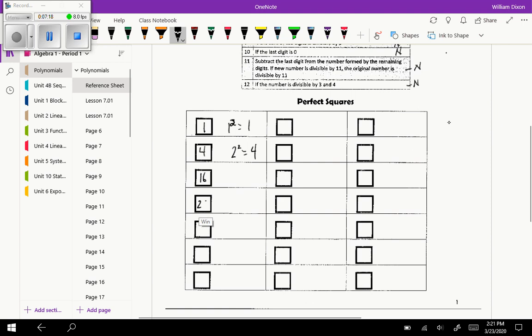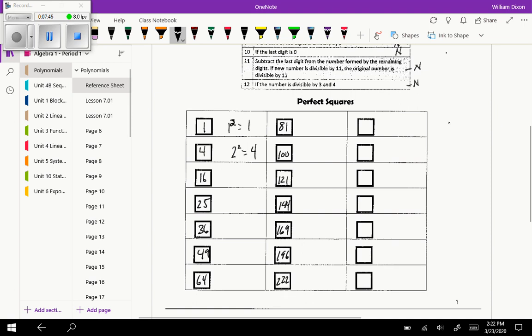So I have 25, 36, 49, 64, 81, 100, 121, 144, 169, 196, 225.